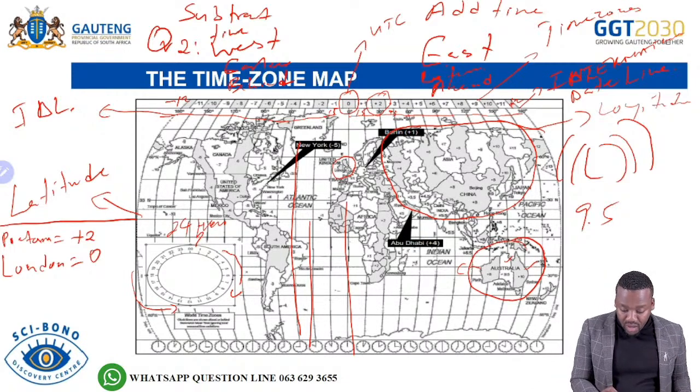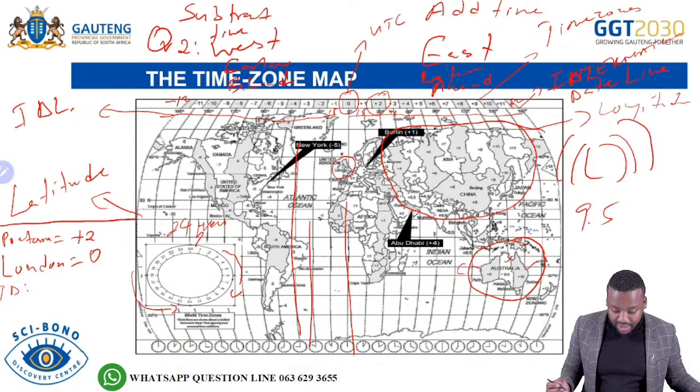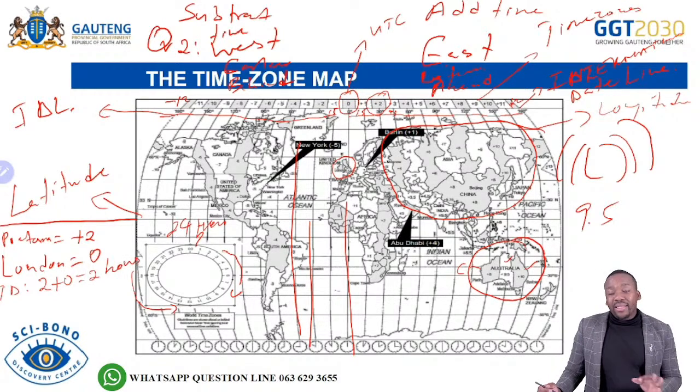Then you move to step 2, you must calculate what? The time difference. Right? Here we got +2, and then I said you check the signs. 2 and 0, then what do you have? 2 hours. What does this 2 mean?